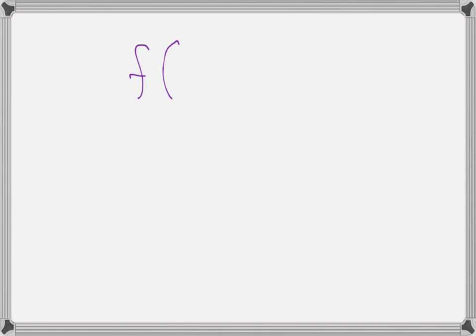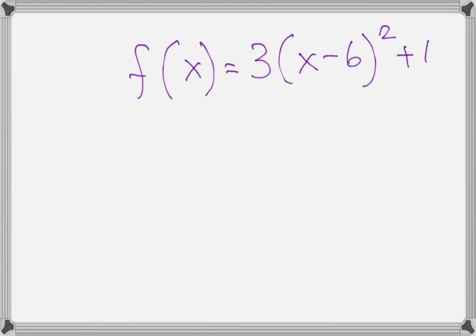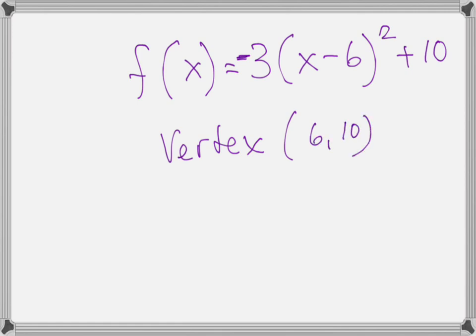Now, if your parabola is in this form, what is the vertex here? 6, 10, because that is in vertex form already. Does this parabola open up or down?